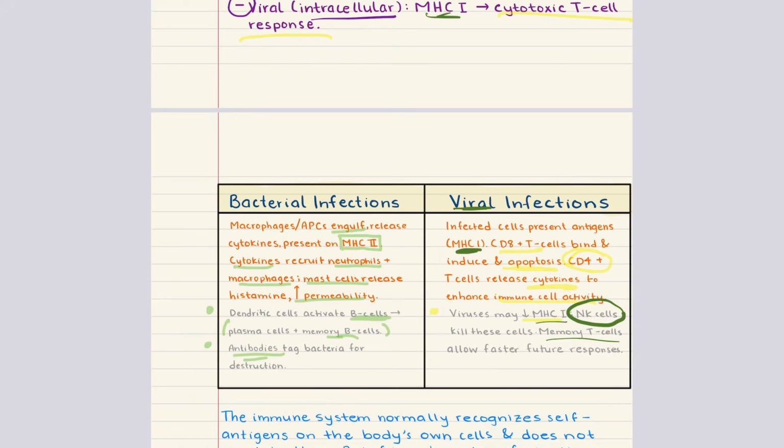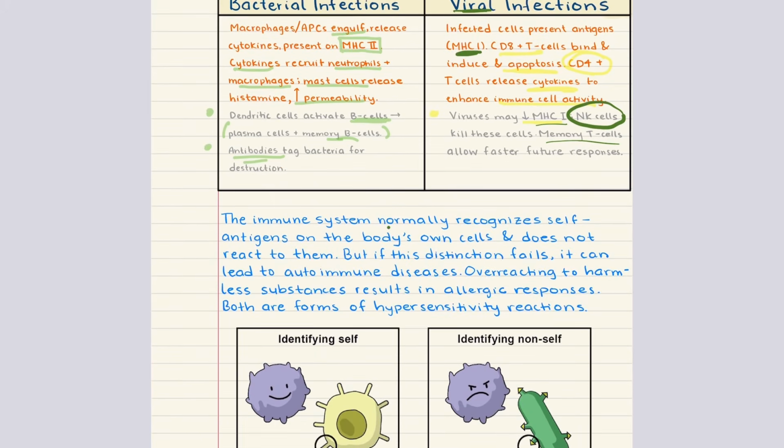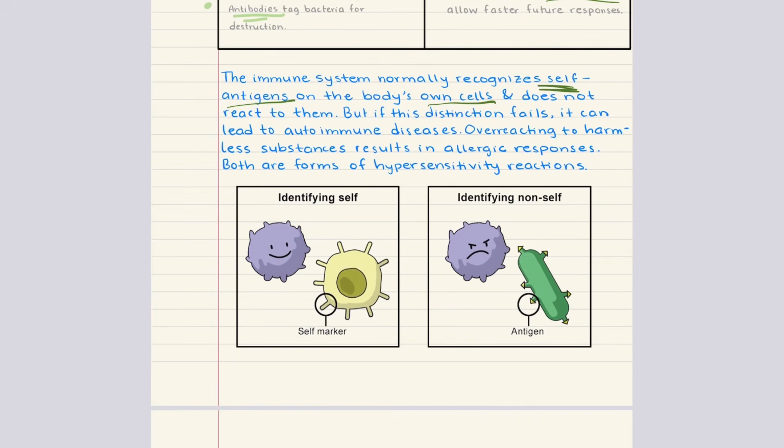And this whole process of immune activation relies on a fundamental ability, that being that the immune system must distinguish between self and non-self. Self-antigens are molecular markers on the body's own cells that signal do not attack. Normally, immune cells that strongly react to self-antigens are typically eliminated during development, and that's a process that promotes self-tolerance.